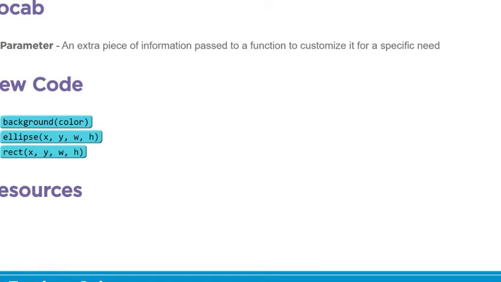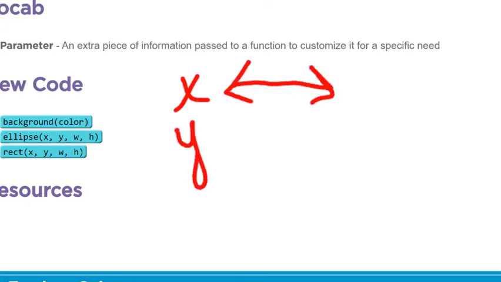And if we take a look at them a little bit more closely, we're going to see that they both have X, Y, W, H. So what we have to remember is that the X position is going to be where it is left, right.